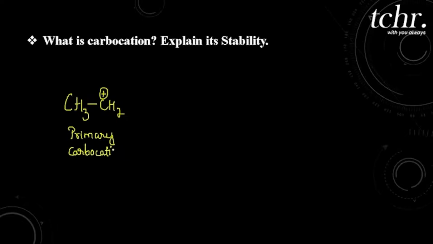Okay, primary. You know how the carbocation is formed? I explained it in heterolytic cleavage, right? So the definition you will write is that an atom or a group of atoms bearing a positive charge on carbon is known as a carbocation.